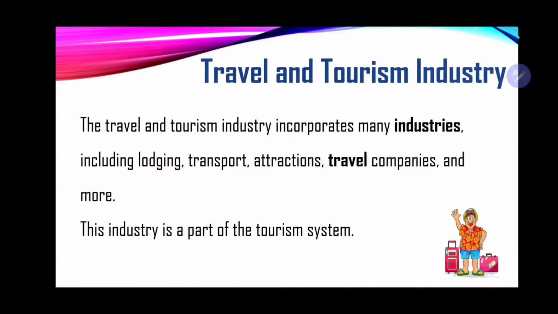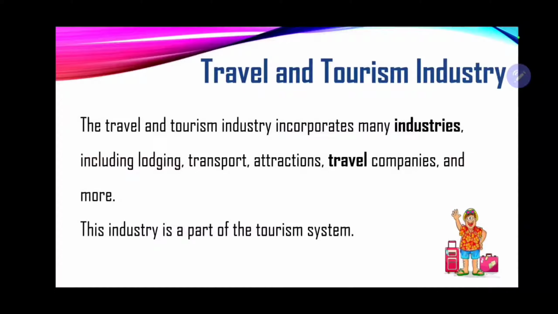So we speak of lodging, we're speaking about place of stay where you can sleep, rest, relax, transport, attractions, travel companies, and more. This industry is also part of the tourism system because they would comprise the different elements that you will find in the destination region and also in the generating region as well, and the transit routes, right?